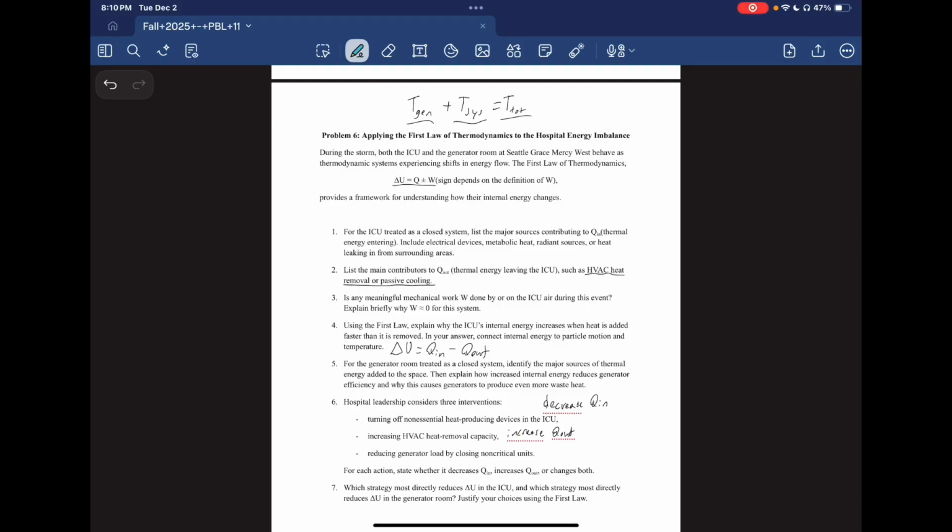And then reducing generator load is going to, well, in regards to the ICU, let me think. I guess it kind of does both. I think it changes both is the best way to describe that.